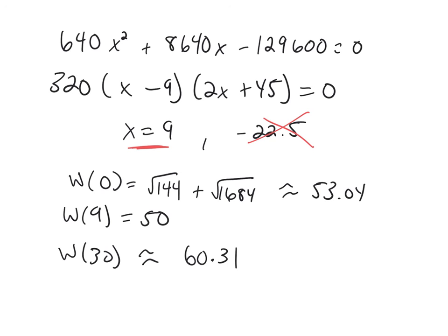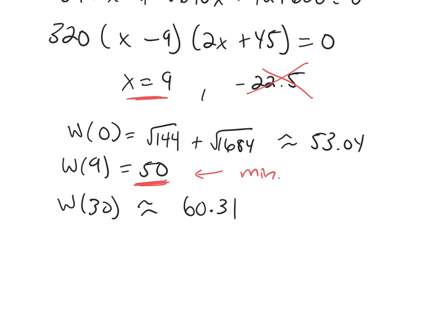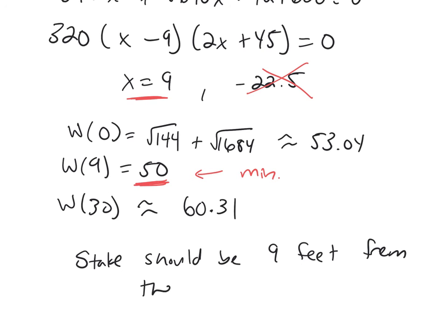So if I look, I was trying to find the minimum. That corresponds to right here. So what's the answer? The stake should be 9 feet from the 12-foot pole or post.